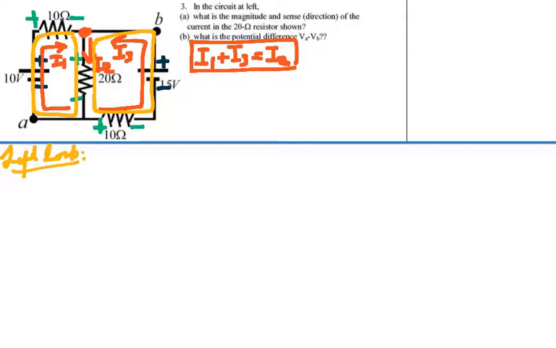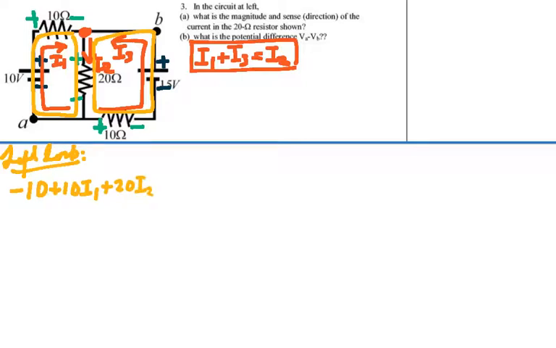We first walk into the negative end of the 10 volts. Wherever we go into the negative end, we're going to subtract that voltage. Wherever we go into the positive end, we're going to add it. So we have a negative 10 volts. Then we go into the positive end of that 10 ohm resistor, so that's going to be plus 10 I1. And the positive end of the 20 ohm resistor as we come down will be plus 20 I2.